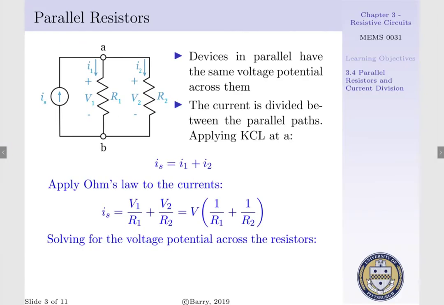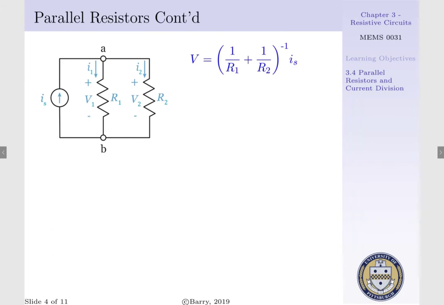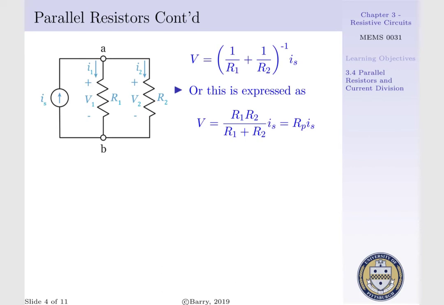Now we can solve for our voltage potential across our resistors from this equation. That is, our voltage potential across our resistors is equal to 1 per R1 plus 1 per R2 to the negative 1 times our source current. Alternatively, we can express this as our voltage potential is equal to the quantity R1 times R2 per R1 plus R2 times our source current.